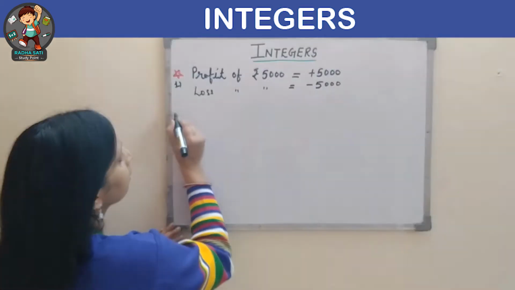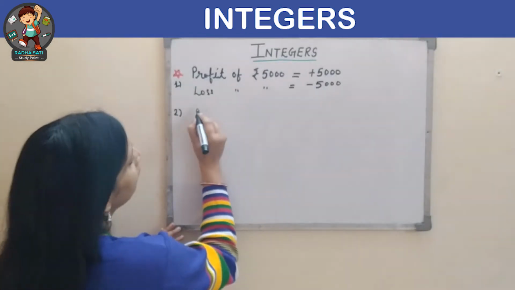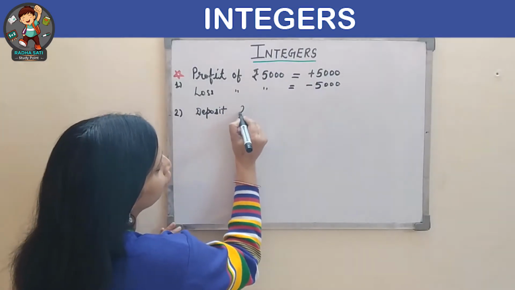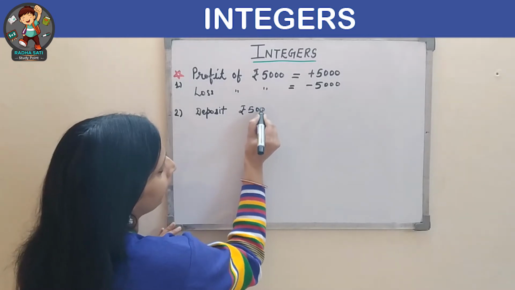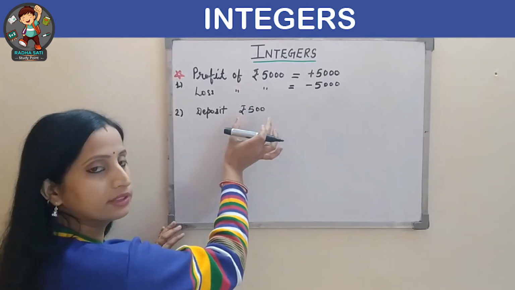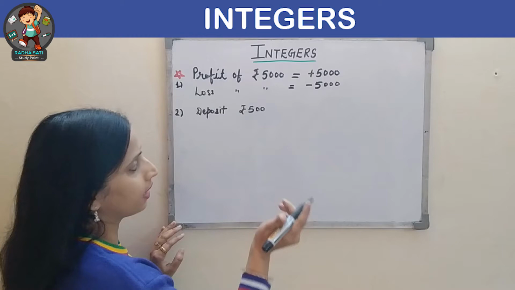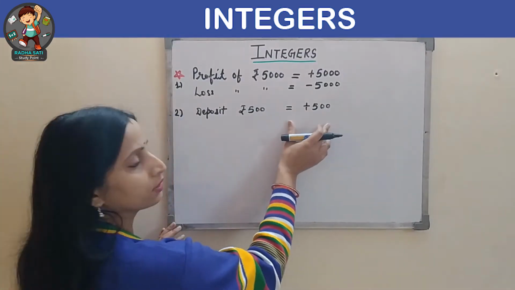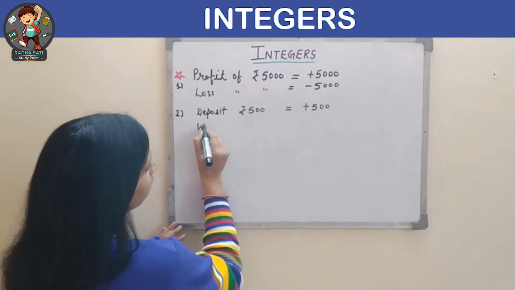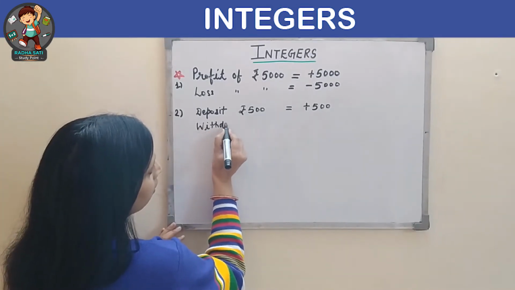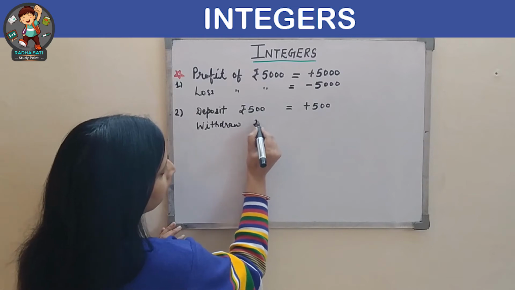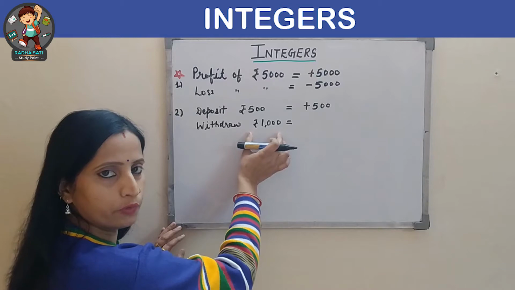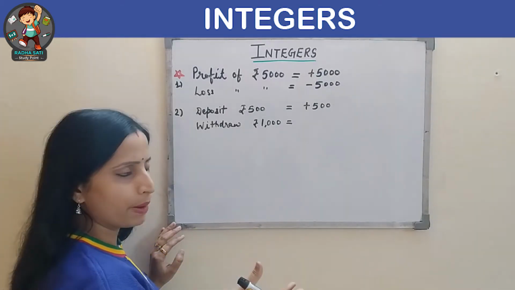Similarly, if you deposit some amount, say rupees 500, in your bank account, this means this amount will be added to your bank account. So for this we will use the plus sign. But if you withdraw an amount, suppose you withdraw rupees 1000 from your bank account, this means this much amount will get reduced from your bank account.